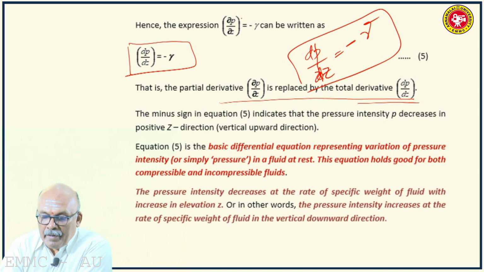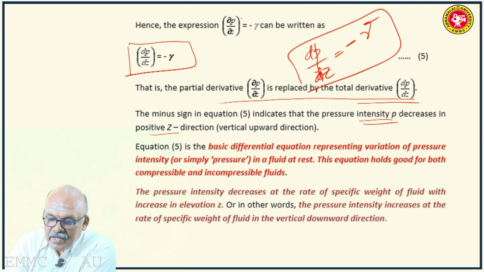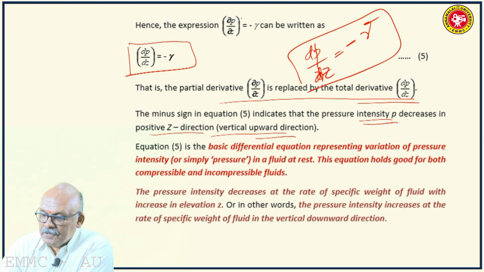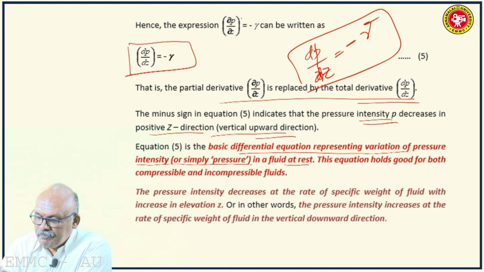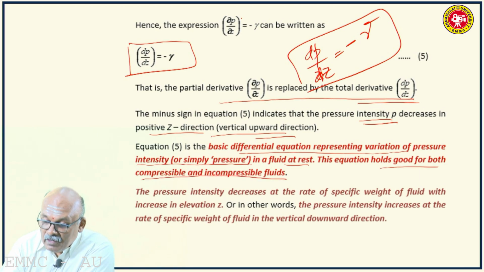So the minus sign we have already discussed, it indicates that the pressure intensity P decreases in positive z direction, that is vertical upward direction. So this equation dP/dz equal to minus gamma is the basic differential equation representing variation of pressure intensity, or simply you can call pressure, in a fluid at rest. This equation holds good for both compressible and incompressible fluids.